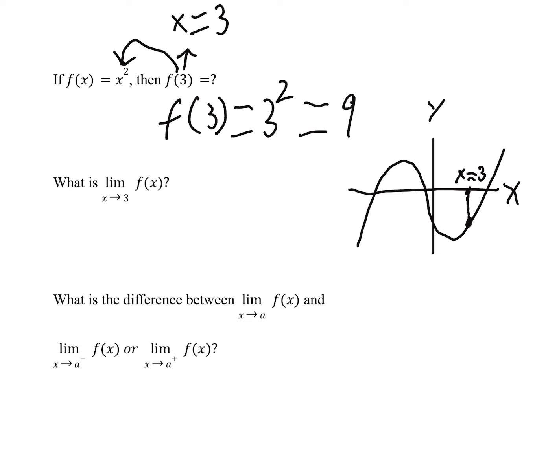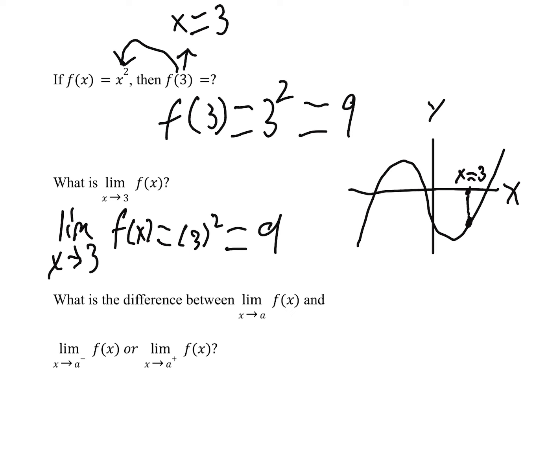So it's saying, what is the limit as x goes to 3 of f of x? That's how you would read that, by the way. The limit as x goes to 3 of f of x. So what you can do is you can plug 3 into that function. So 3 squared equals 9.